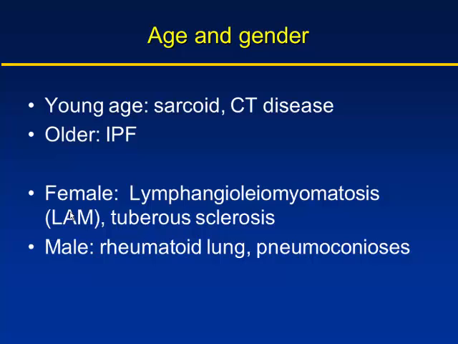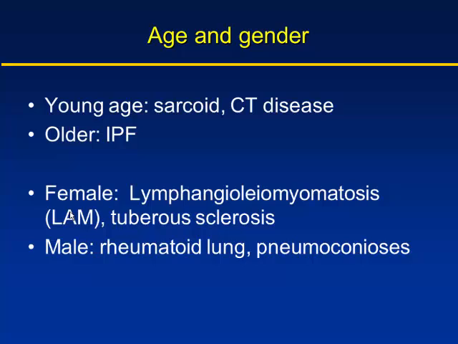Age and gender can sometimes help to determine the most common interstitial lung process the patient might have. Young age would be associated with sarcoid or connective tissue disease. IPF is really a disease of the 5th, but more the 6th and 7th decade. If someone is younger than that, it can happen, but it's probably something else going on.